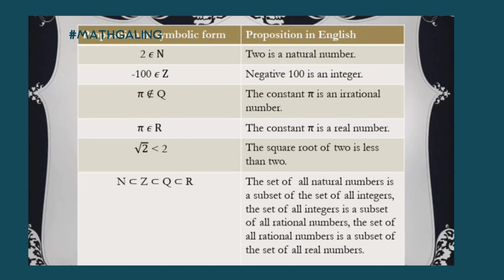The fifth is: the square root of 2 is less than 2. And the last one is: the set of all natural numbers is a subset of the set of all integers. The set of all integers is a subset of all rational numbers. The set of all rational numbers is a subset of the set of all real numbers. So please remember the symbols that we usually pronounce in your presentation. These symbols can help you identify whether it is symbolic or not. It depends on how you pronounce it.